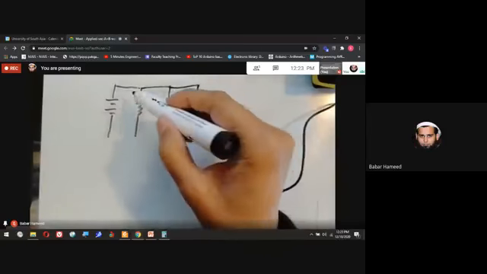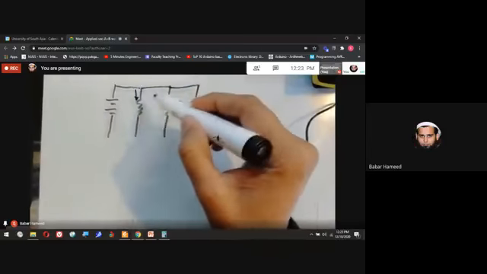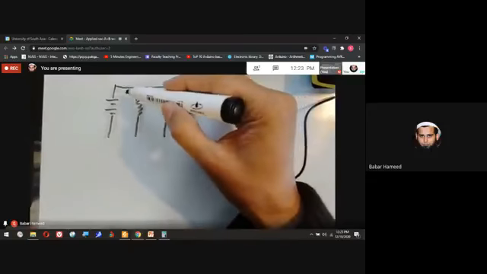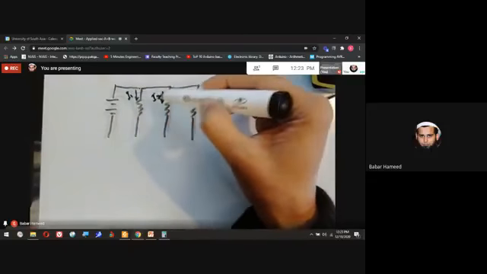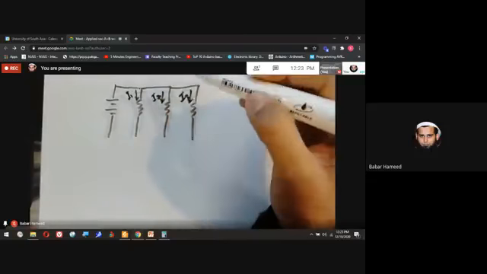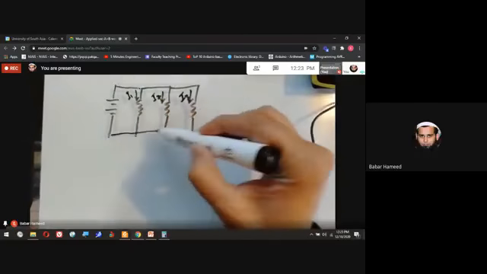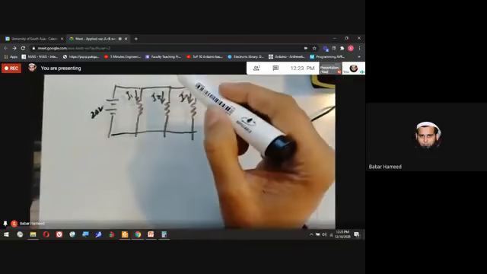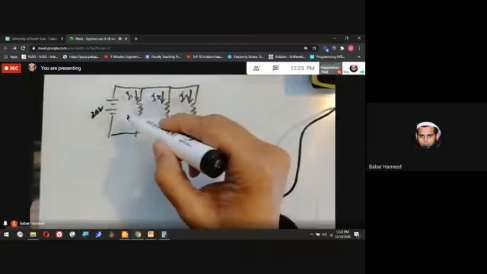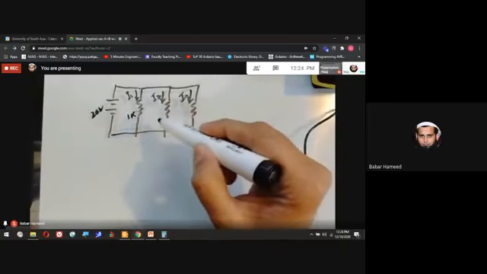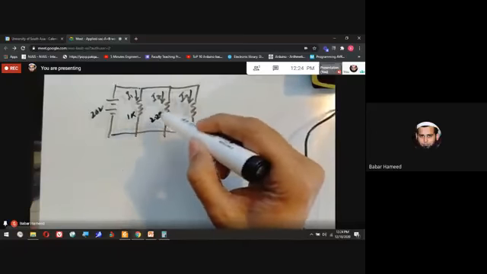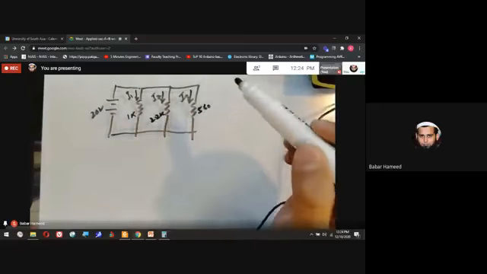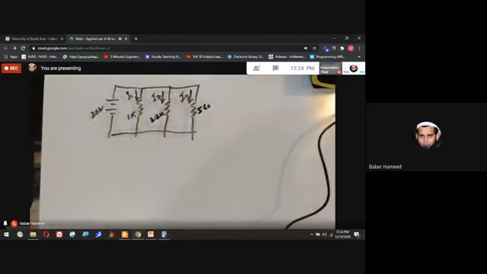I1, I2, I3, we have to find these currents, and the total voltage here is 20 volt. The first value is 1 kilo ohm, the second is 2.2 kilo ohm, and the value of the third resistance is 560 ohm.